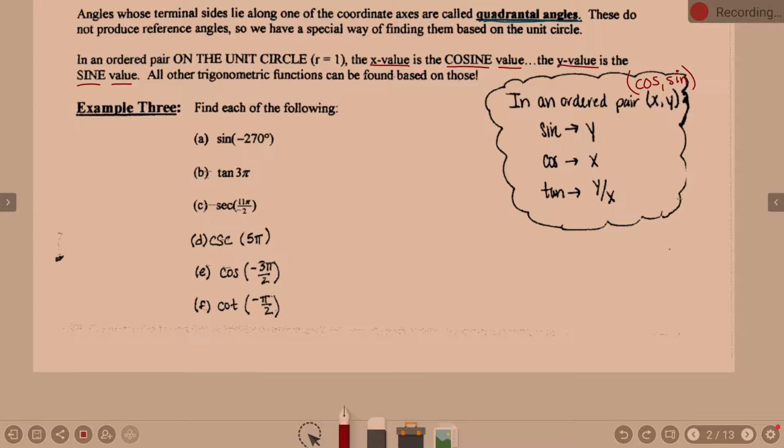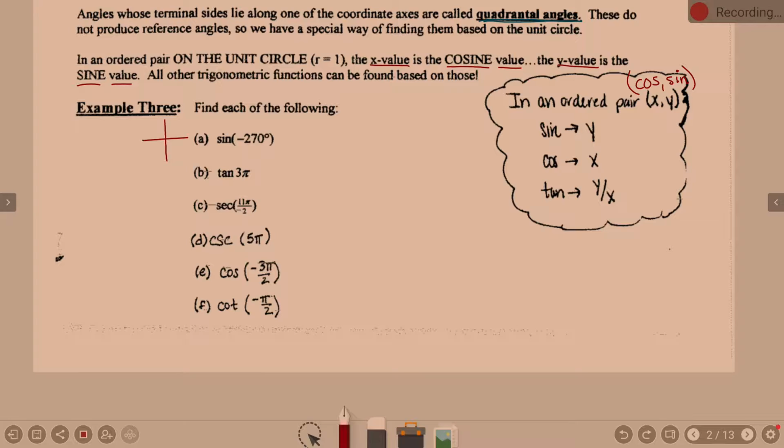Let's look at A. Sine of negative 270. Visualize, guys. Where is negative 270? Negative says we're going to start at 0 and go clockwise. So going around clockwise, over here I'm at negative 180.